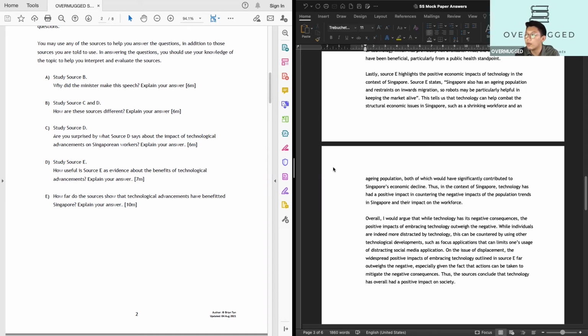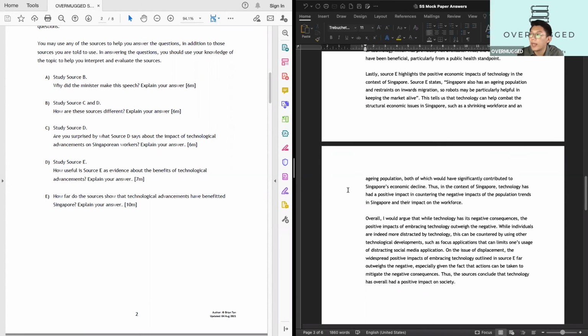Simply stating that overall, I believe that technology has been more beneficial than negative, or has had more positive than negative consequences, will get you the 1 mark. So if you get all your inference right, and you just come to a statement of conclusion, you get 8 marks already. The last 2 marks will be derived from you reasoning your conclusion. Okay?